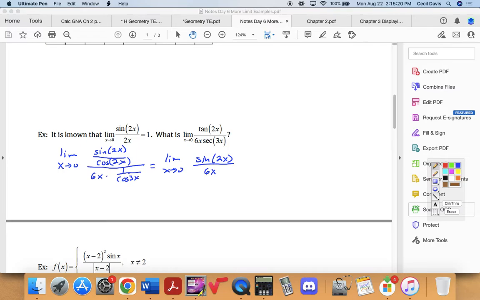You're like, well, it's not quite what I want it to be. I'd really like it to be the limit as x goes to 0 of sine of 2x over 2x. A little bit of algebraic manipulation. This would be sine of 2x over 3 times 2x.